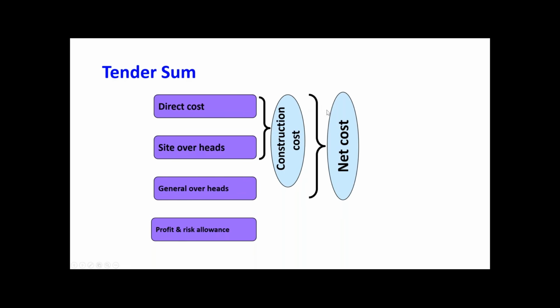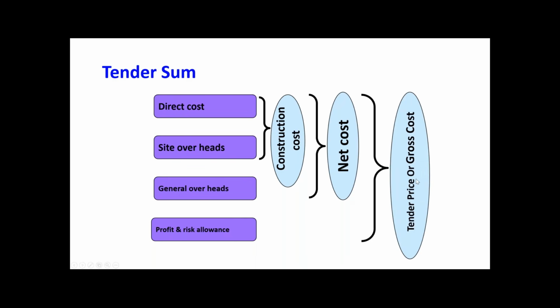How the contractor will incur to complete the project is called net cost, including the general overhead. So the pure profit is now outside of this cost. Again, this is a tender price, or sometimes it's called gross cost.